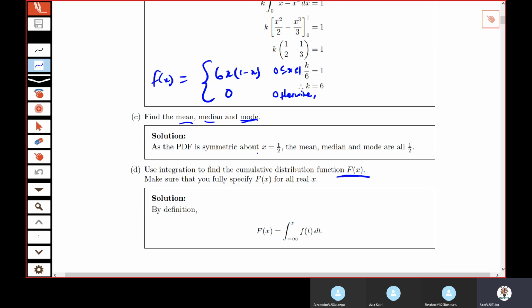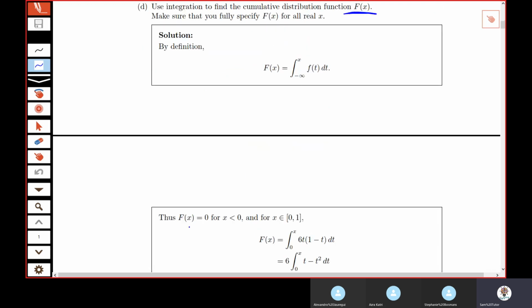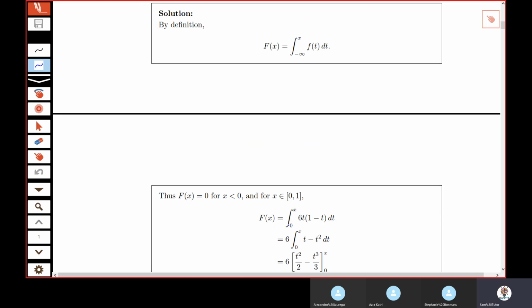So there it is. f of x is equal to 0 for x less than 0, and for x being an element of 0 to 1, f of x equals the integral from 0 to x of 6t(1 minus t) dt, and that's your f of x, or your f of t in this case. But I'm just going to introduce x back in.